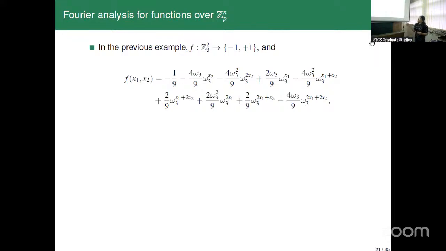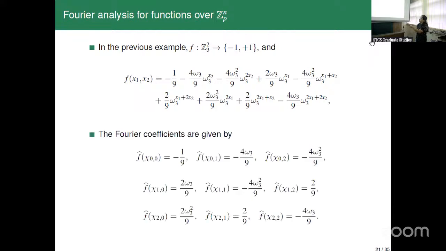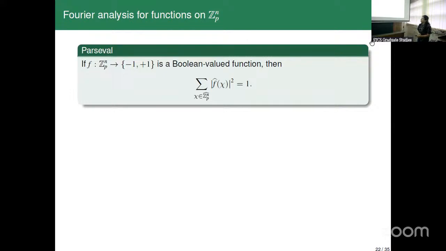So recall, in the previous example, this is what the Fourier expansion was, and the coefficients are given by this. And Parseval's theorem is also true over here. That is, the sum of the squares of the absolute values of the Fourier coefficients is equal to 1.